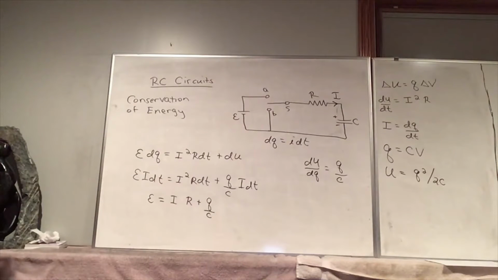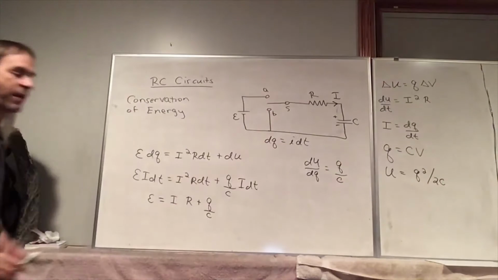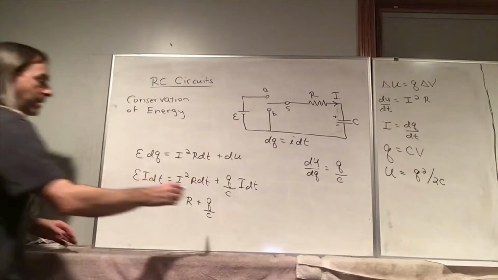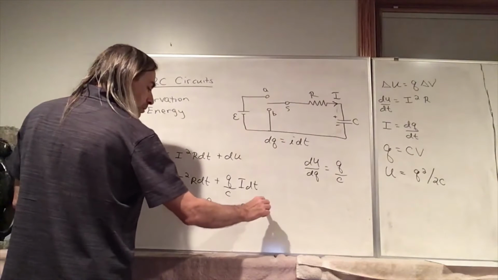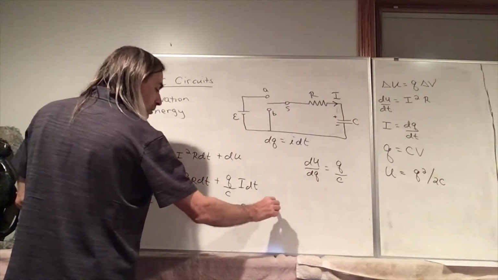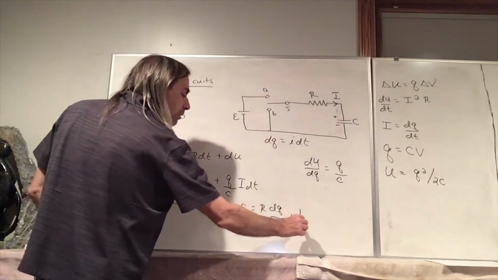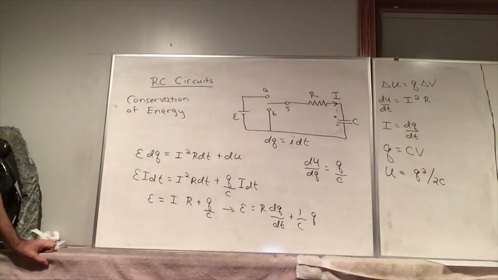This is about as far as we can go, except notice we have two variables, I and Q, that are related to each other. So we can replace I with dq/dt, and so we get this differential equation.